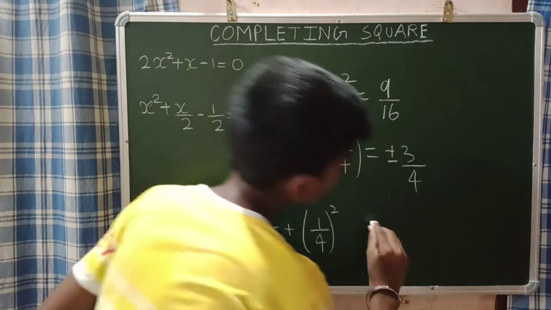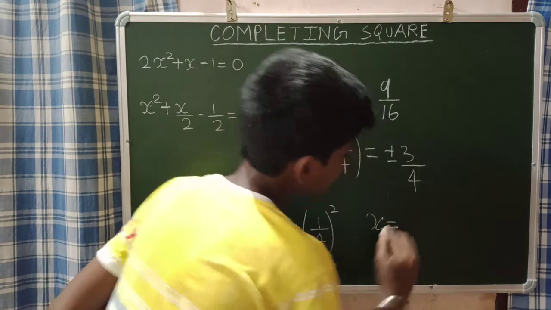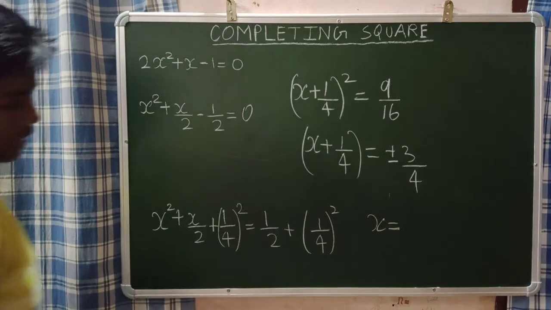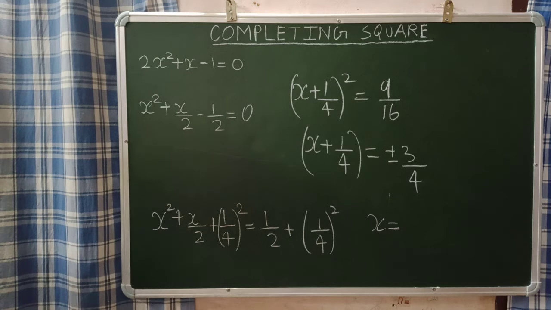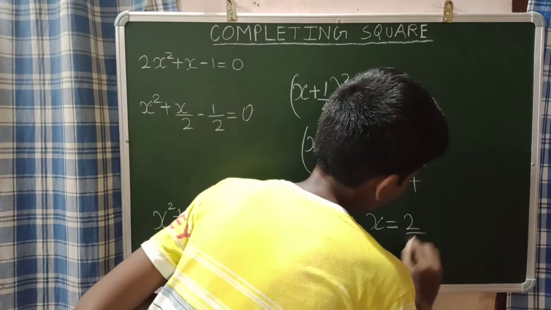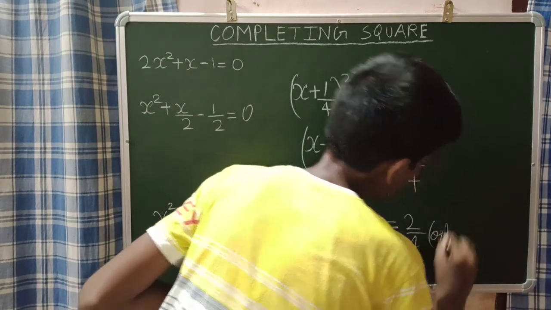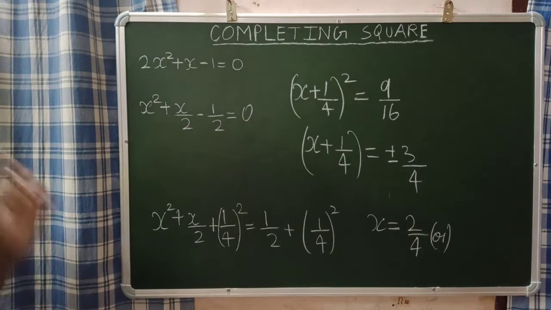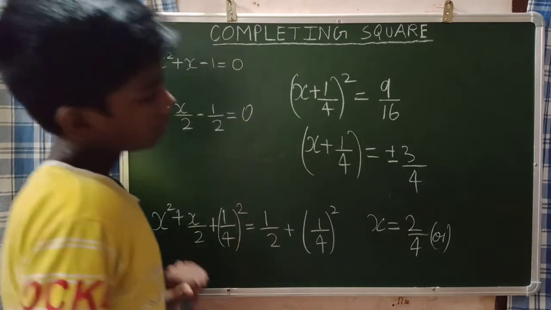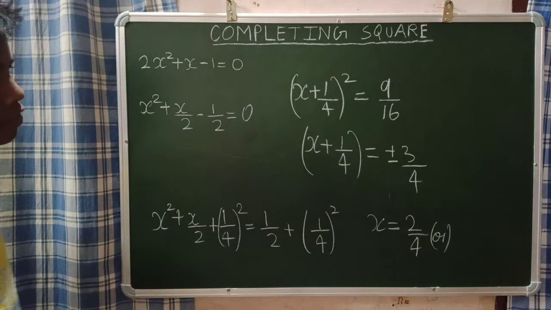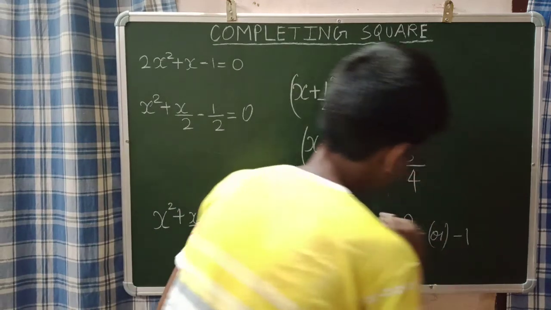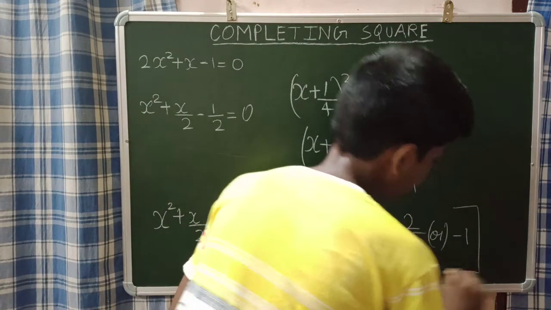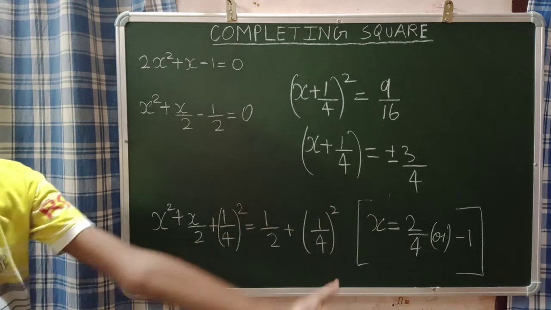Now, what will be the value of x? Your x can be 2 by 4 or your x can be minus 3 by 4 minus 1 by 4, nothing but minus 1. Your x can be 2 by 4 or minus 1 just by solving this equation.